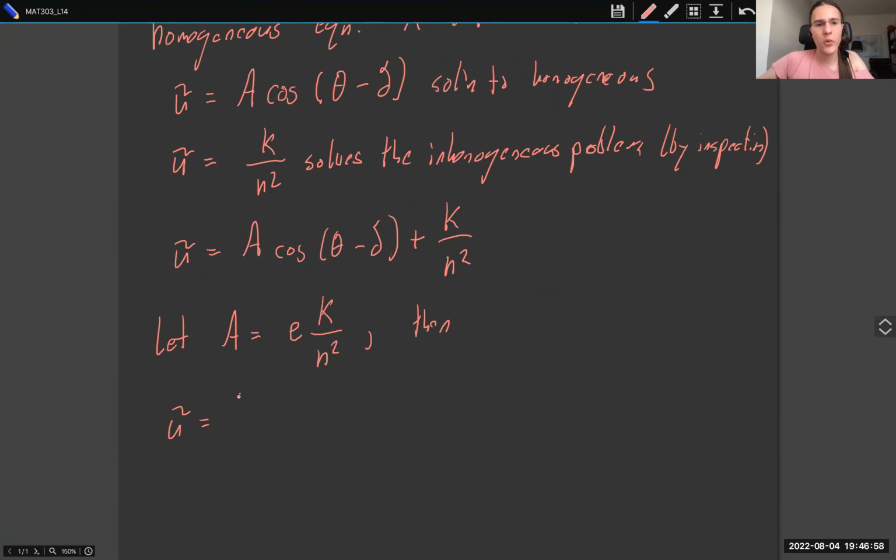So then what we get is that u is equal to k over h squared times 1 plus e cosine of theta minus delta. So this is u tilde as a function of theta, u tilde of theta.